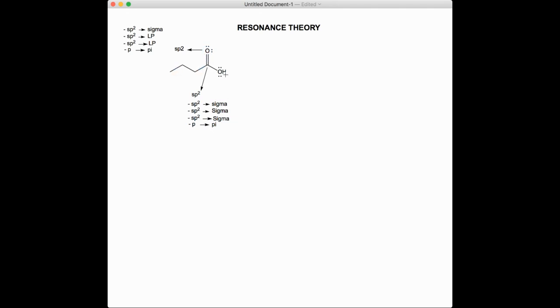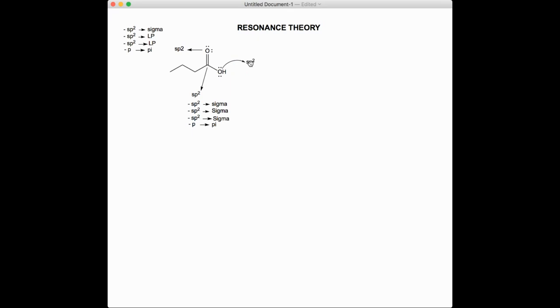So now I'm going to move on to the next atom, which is going to be the oxygen. This oxygen over here. What's the hybridization of this oxygen, guys? We said in class before that it is sp2 hybridized, and the reason for that is because it's an atom with lone pairs next to an sp2 atom.